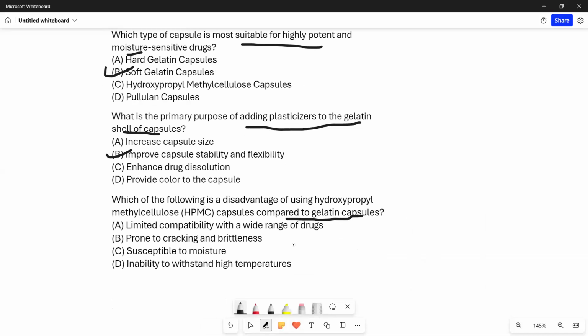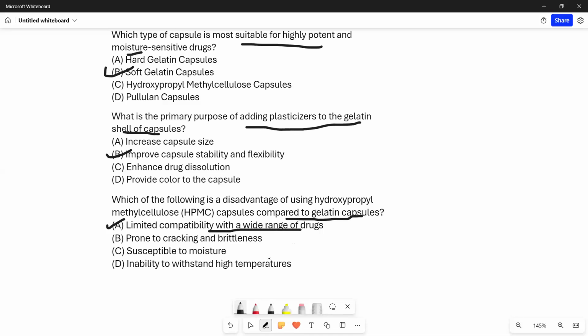Which of the following is the disadvantage of using HPMC capsules compared to gelatin capsules? Try to read the question. The answer is A. It has limited compatibility with a wide range of drugs.